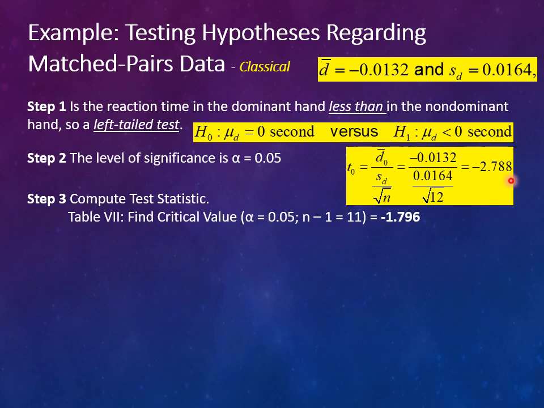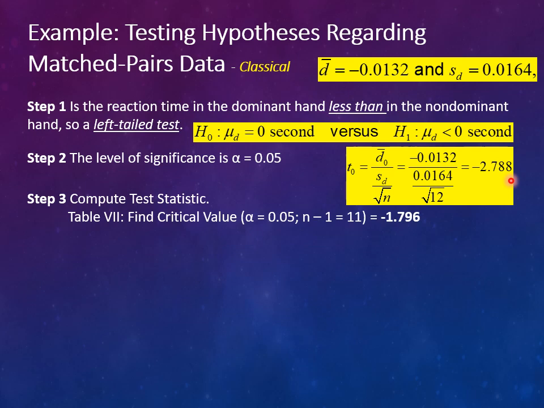Here we use table 7 to find the critical value based upon alpha equals 0.05, and of course our degrees of freedom, which is 1 less than the sample size, is 11. If you go down to the entry, you will see that our critical value is negative 1.796.